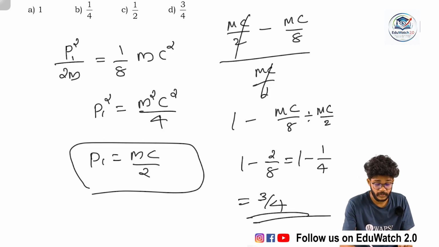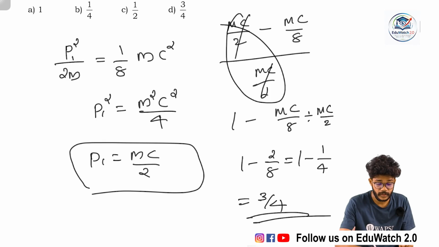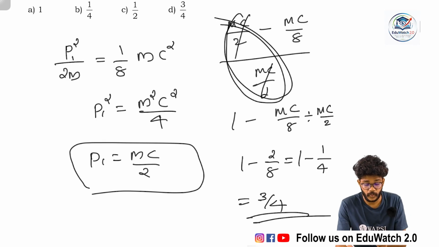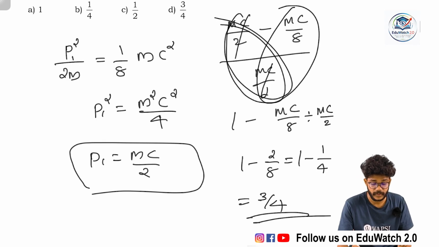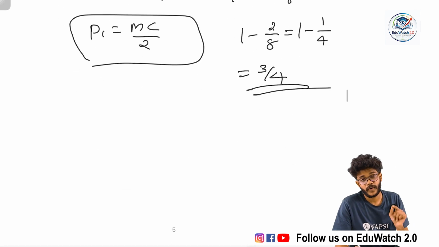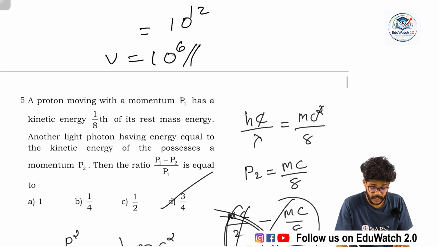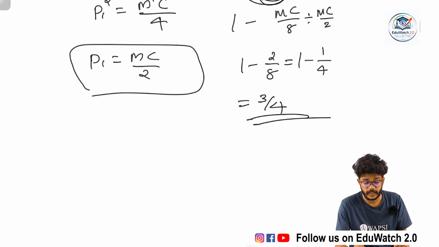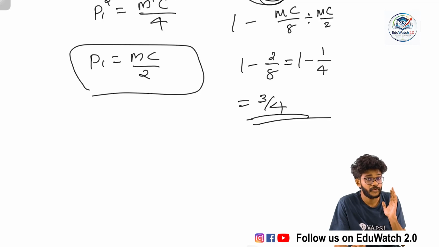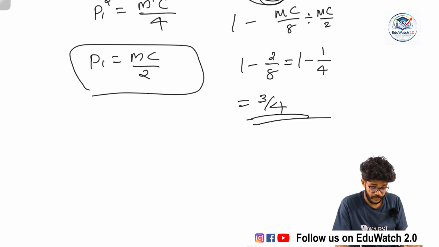So 1 minus 1 by 4 is 3 by 4. Okay, so option D is the correct answer. Then we can move to the next question.